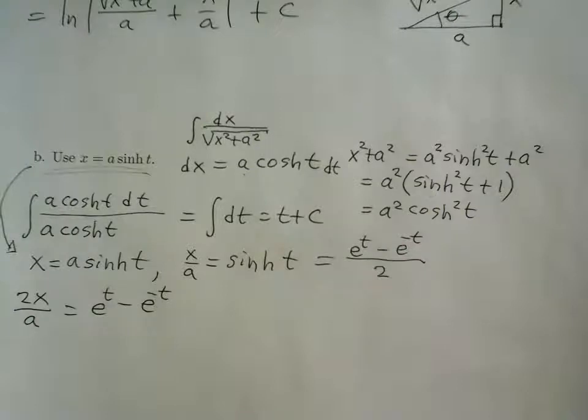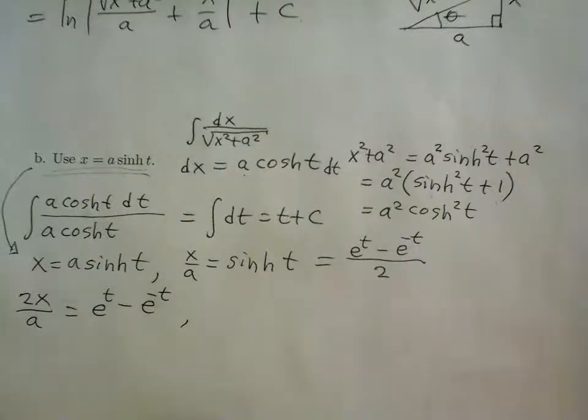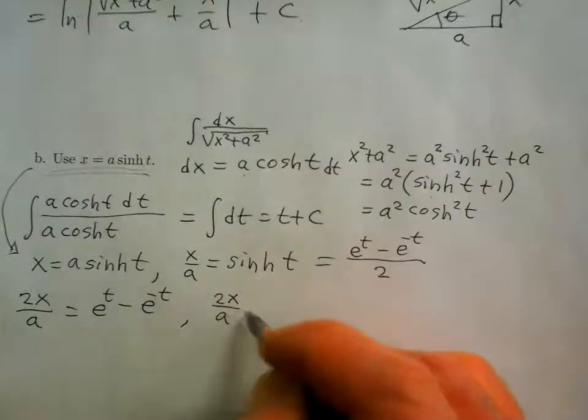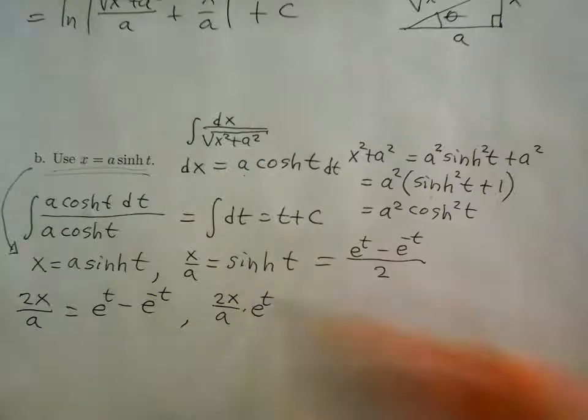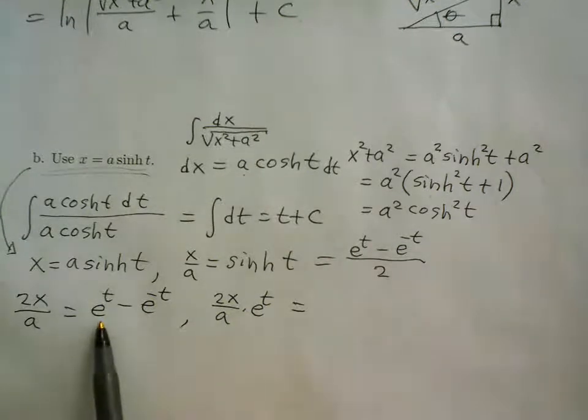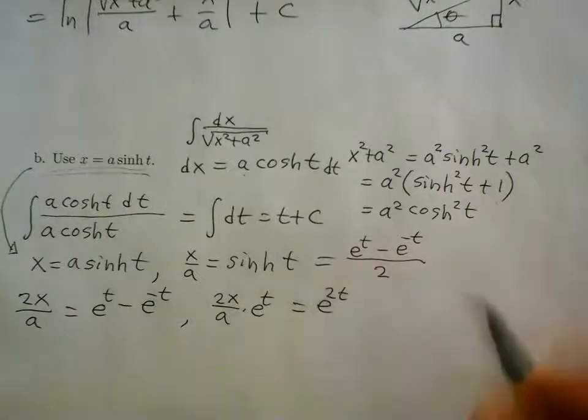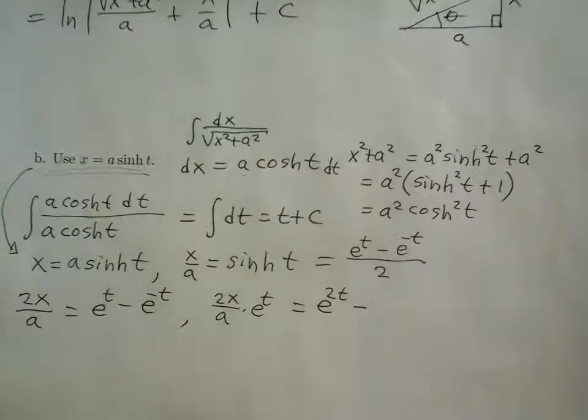So if you multiply both sides of an equation by a positive number, you've done nothing wrong. So multiply both sides by e to the t, we'll get 2x over a times e to the t on the left-hand side. On the right-hand side, e to the t times e to the t is e to the 2t. And then minus e to the negative t times e to the t is minus 1.